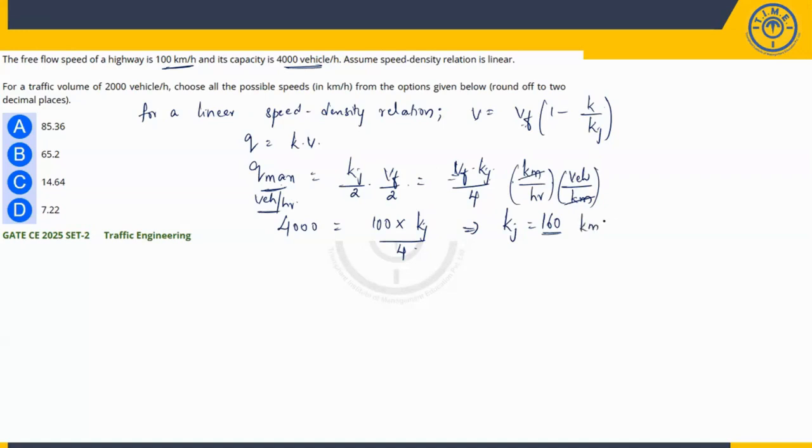So the unit of density Kj is vehicles per kilometer. Am I clear to all of you? Please let me know if I am clear to all of you.